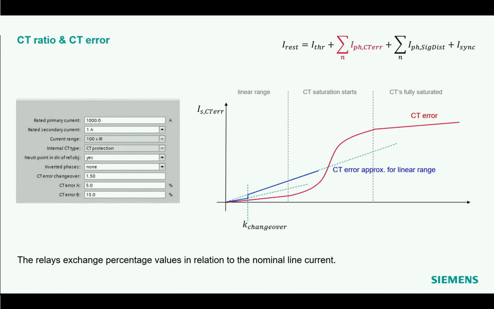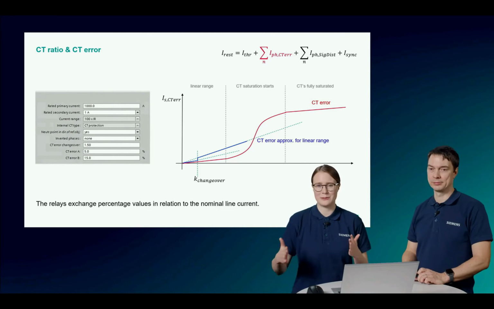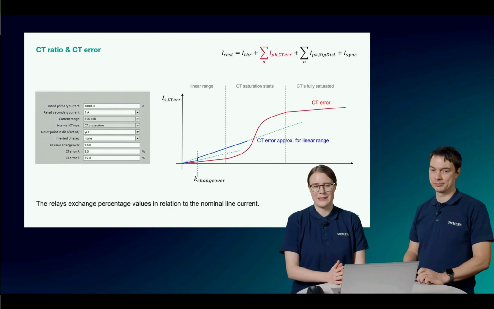So it's more sensitive in the range where we have a nominal current and has a higher restraint in the range where I expect the fault currents. Okay, and this is what is meant with the setting. And the switchover point is where the relay switches between these two error settings.